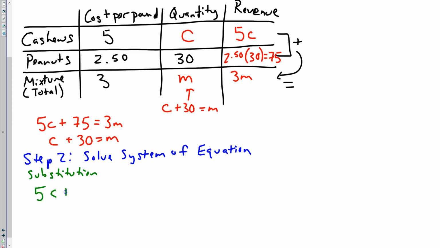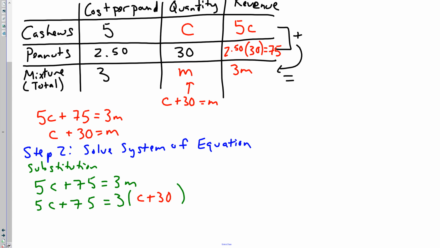So if I decide to use substitution, I'm going to take this first equation and replace the M, and that's because my second equation already has M by itself. So M is C plus 30. So now that I've performed that substitution, my equation is just in terms of C, so we can go ahead and solve it.